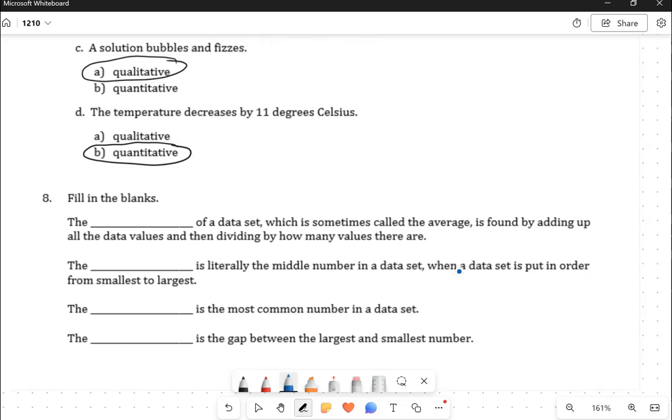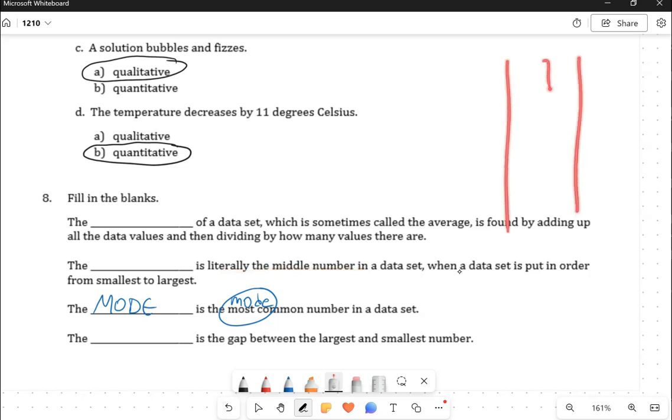Most common, most and mode. It's a nice way to remember the one that's most common is the mode. Literally the middle number. In the middle number, if you have a road, the middle of that road is called the median.